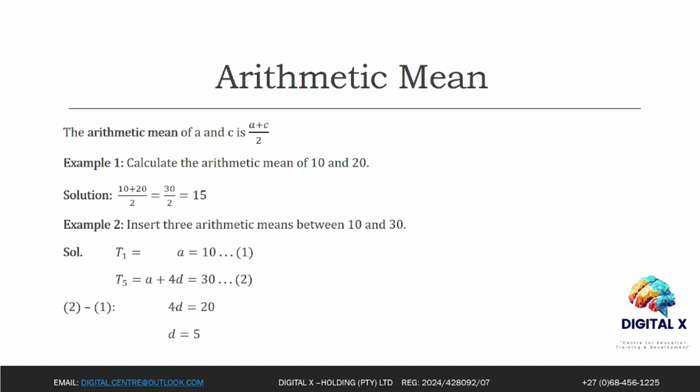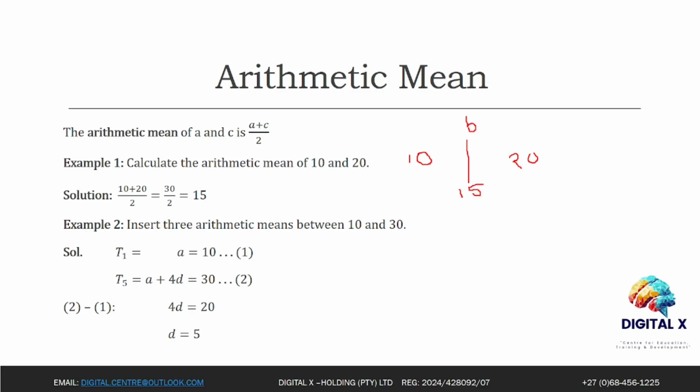So we have the two numbers here being 10 and 20. The number that lies between 10 and 20, the number in the middle here, is called the arithmetic mean, and the arithmetic mean in this case is 15.